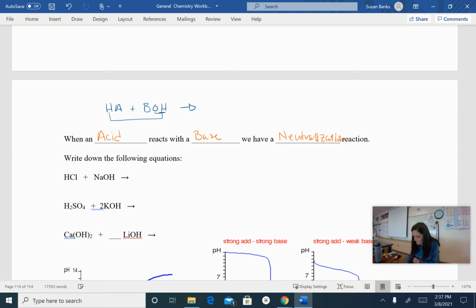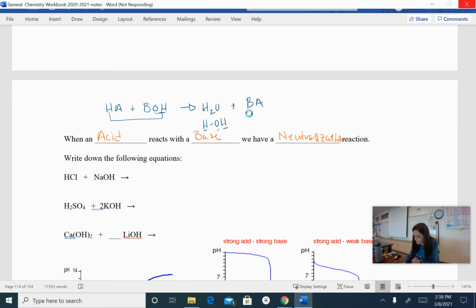HOH really is just water, right? HOH. Don't I have 2 hydrogens and 1 oxygen there? So water. Isn't water neutral? That's why we call them neutralization reactions, because we take the hydrogens from the acid, the hydroxides from base, and we put them together, it makes water. And that's neutral.